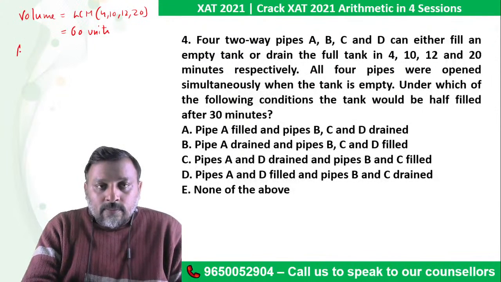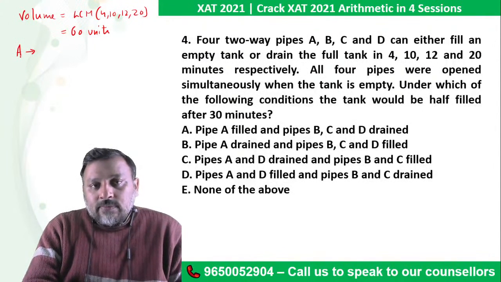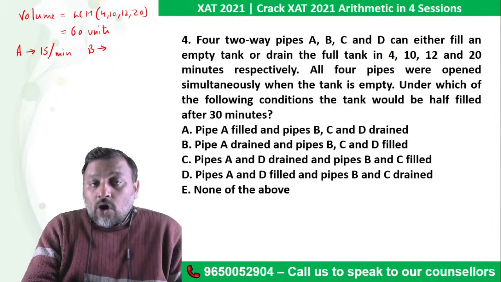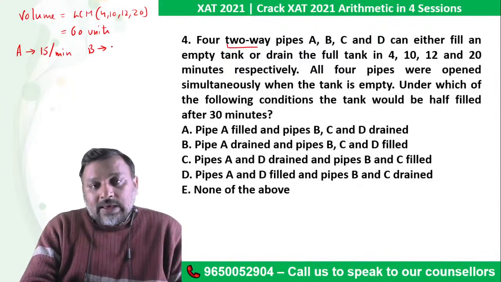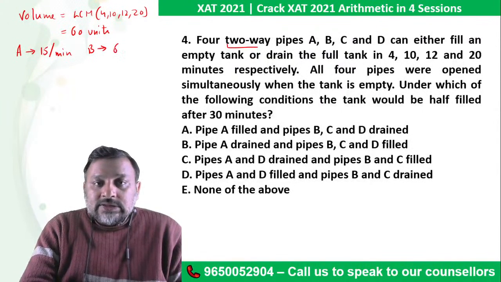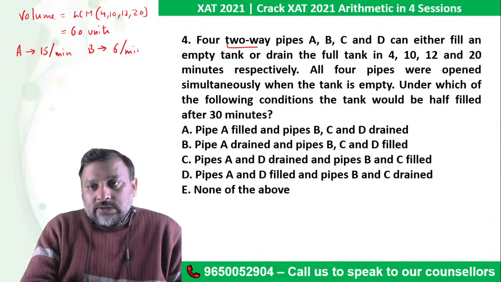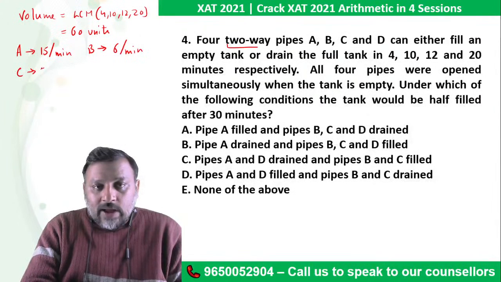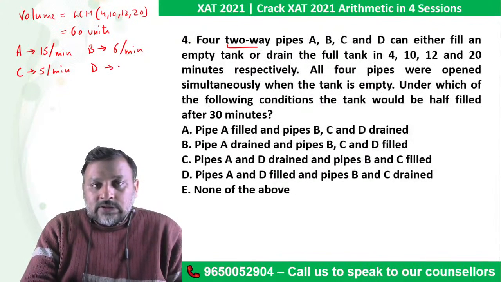So I'll get the efficiency of each pipe. A can fill 15 units in 1 minute. B can fill or empty because all the pipes are two-way pipes, so B can fill or empty 6 units in 1 minute. For C it is 5 units per minute and for D it is 3 units per minute.